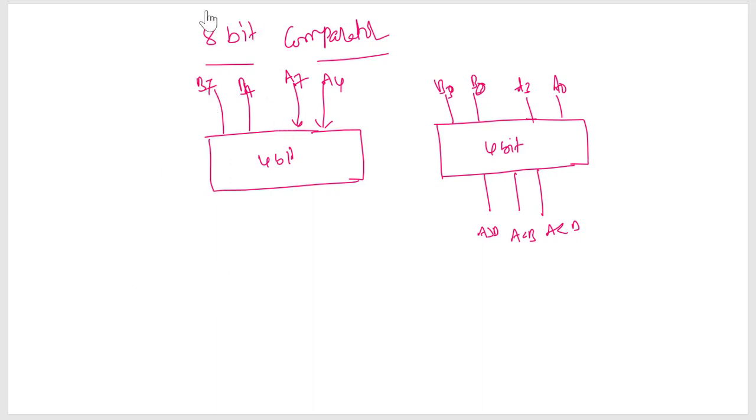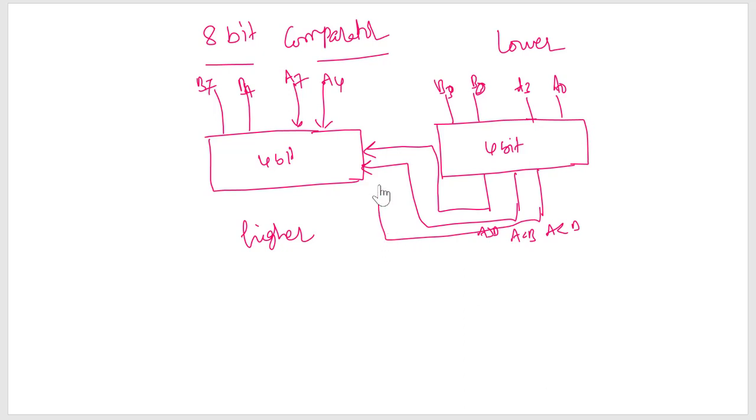Now when you are doing the 8-bit comparison, we compare the lower order bits first. These are the lower order bits and these are the higher order bits. Based on the lower order bit results, the same input will be given to the higher order bits. Whatever result you get from the lower order bits will be given to the higher order bits as a feedback or cascading kind of thing.